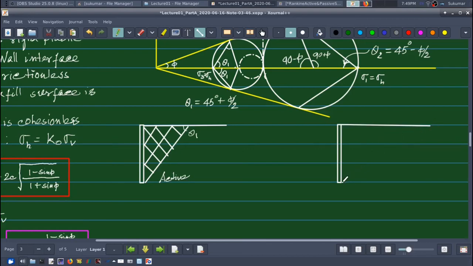Now I will have a larger wedge because this line has to make an angle. This line should be almost parallel to this line. So all my failure planes will be parallel.